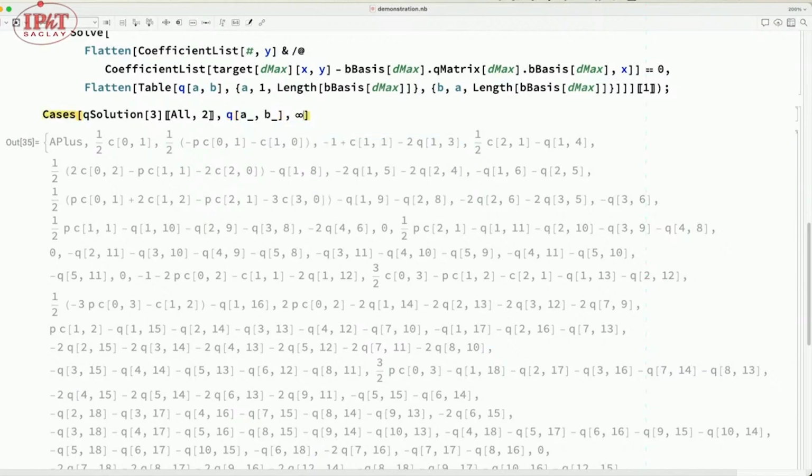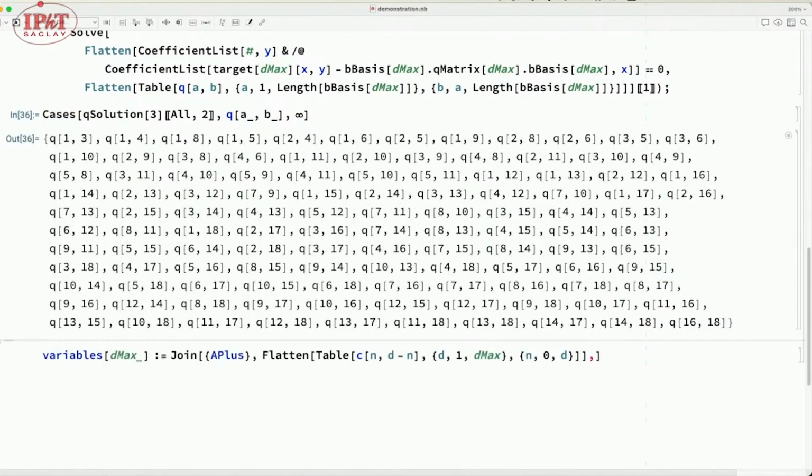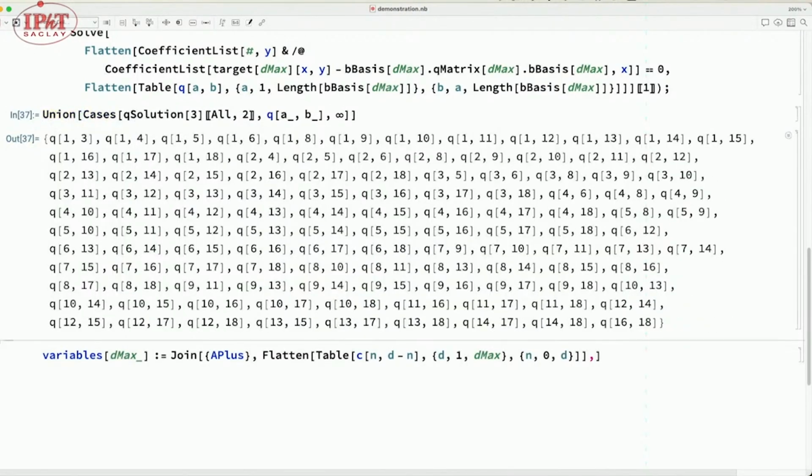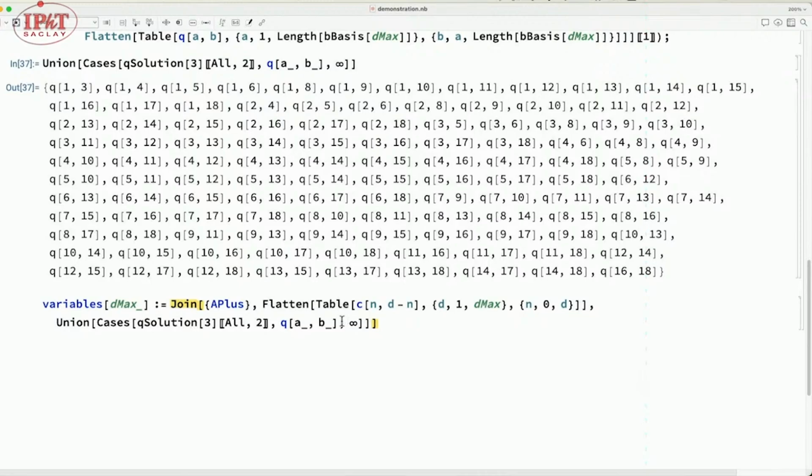And then we put this option infinity, which means it scans over all the levels of this list. So this function outputs all of the queues which appear on the right hand side of the assignment. These are the queues that we also need to solve for in the semi-definite main program.